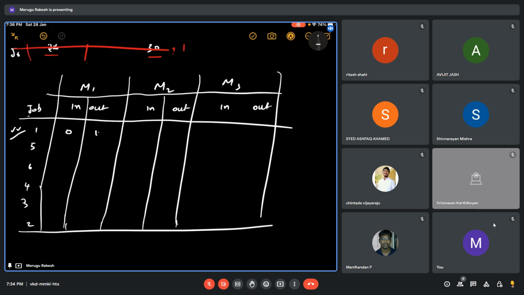Initially it is 10 minutes. Directly it will go 10 minutes. So this is the sequence. Then again directly the 10 will come here. So still now there is no idle time.